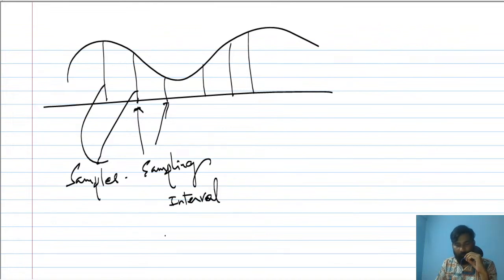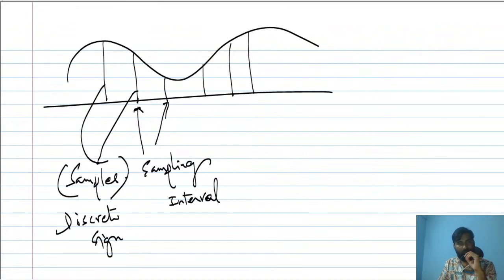I hope this makes sense. And sometimes we call it sample, or sometimes we call it discrete. What will be the sample height given in the question?